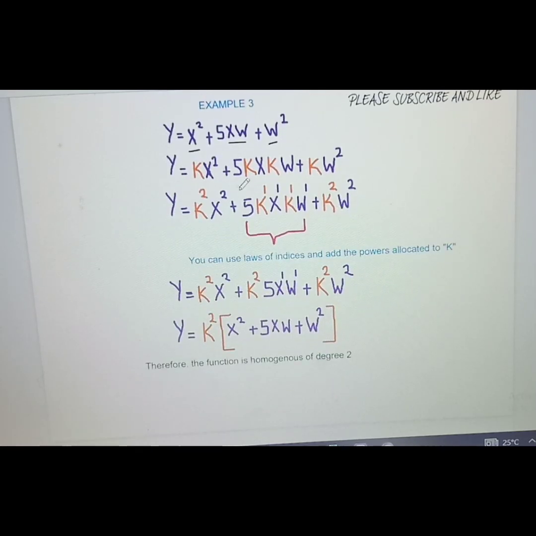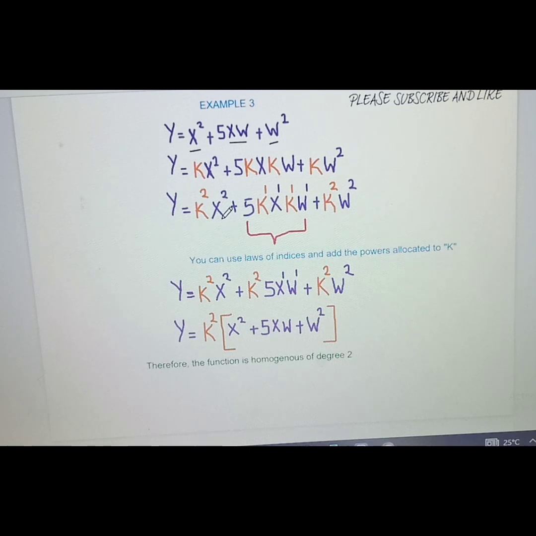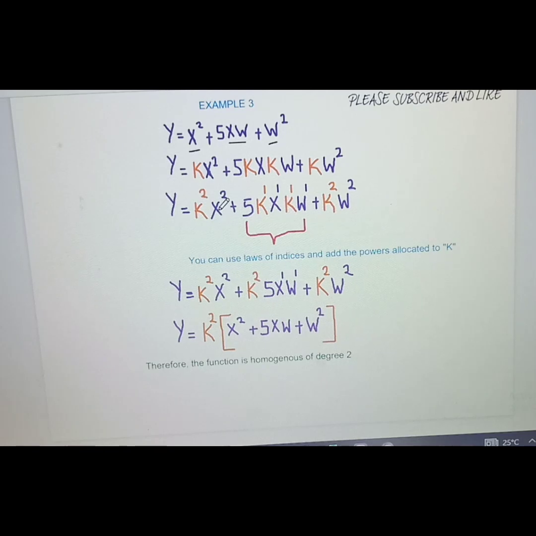So remember that in our next step, you have to allocate to the constant k the power that is allocated to the independent variable. So you can see in our next step, we have allocated to k the power 2, because the independent variable that the constant k is multiplying is raised to power 2. And then you add 5 times kx.